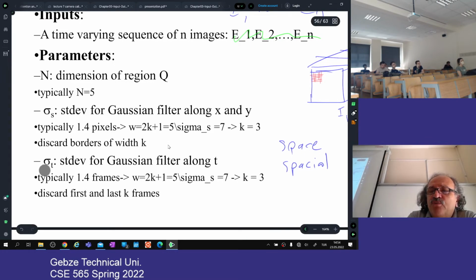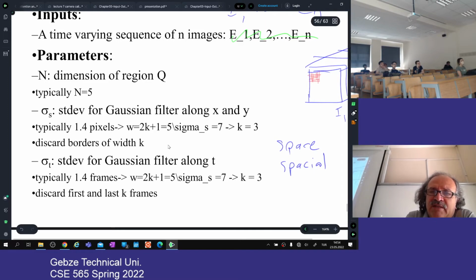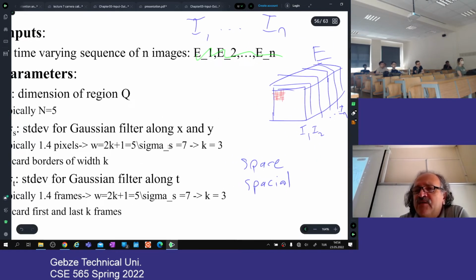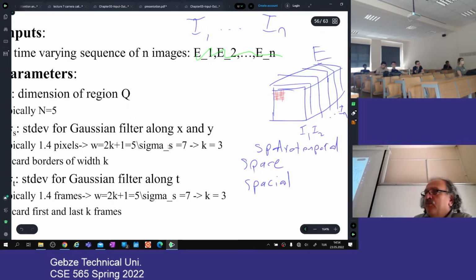Then I will smooth my data along the time dimension too. So there is a sigma t, time dimension, space dimension. Sometimes we call these kinds of spaces spatiotemporal, both space and time.